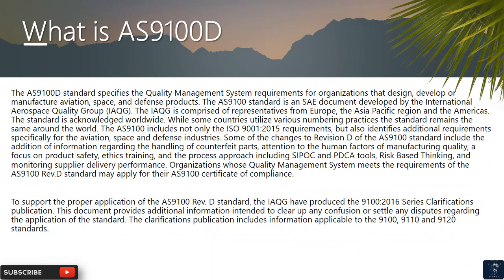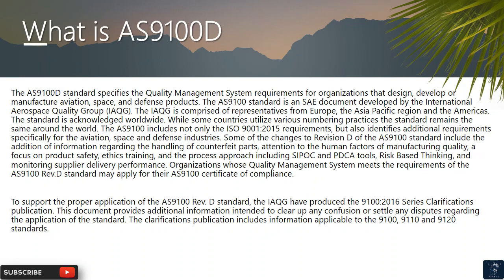Organizations whose quality management system meets the requirements of the AS9100 Rev. D standard may apply for their AS9100 Certificate of Compliance. To support the proper application of the AS9100 Rev. D standard, the IAQG have produced the 9100:2016 series clarifications publication.